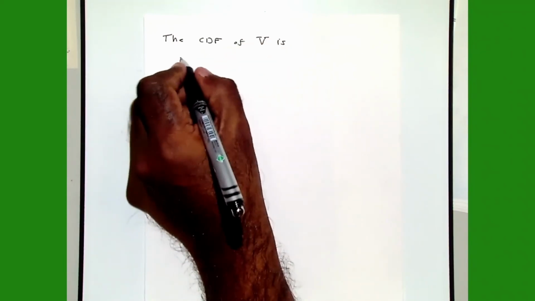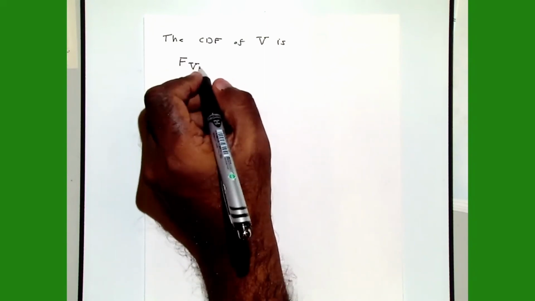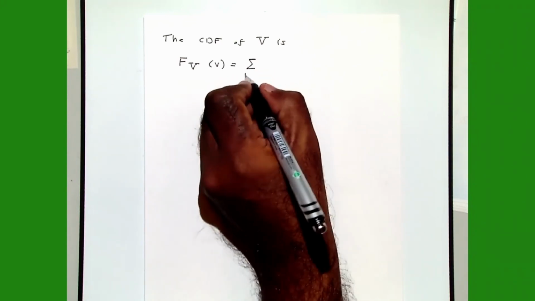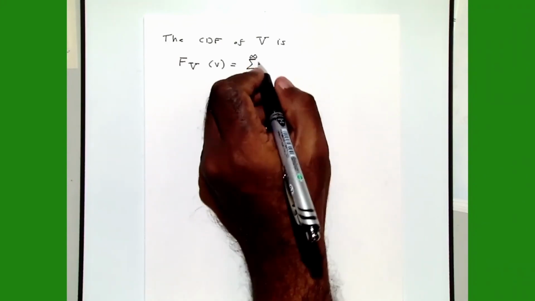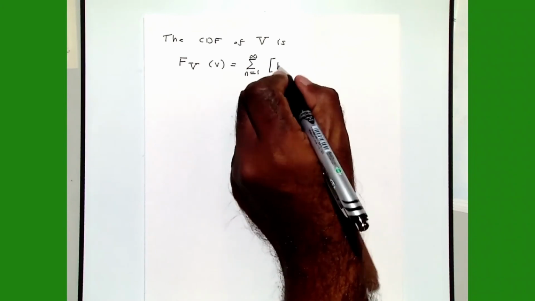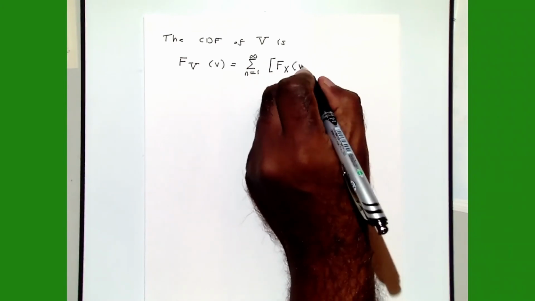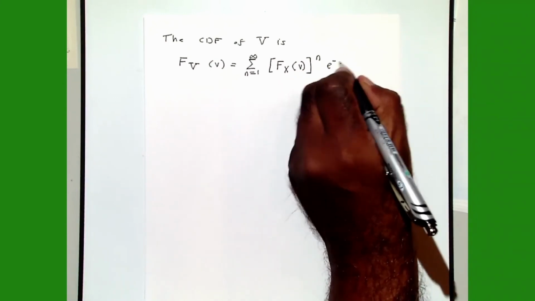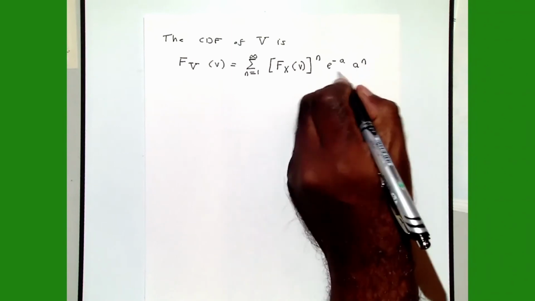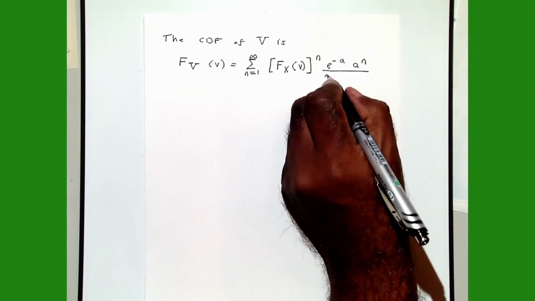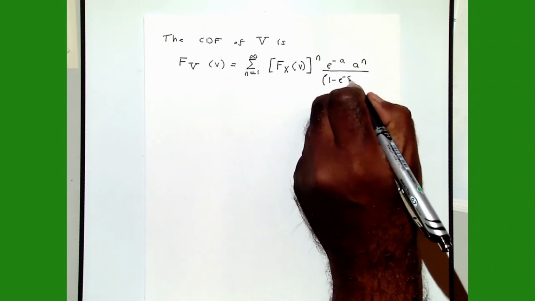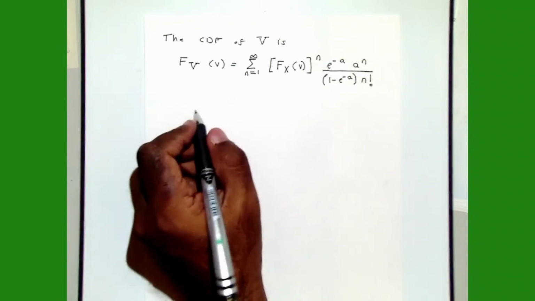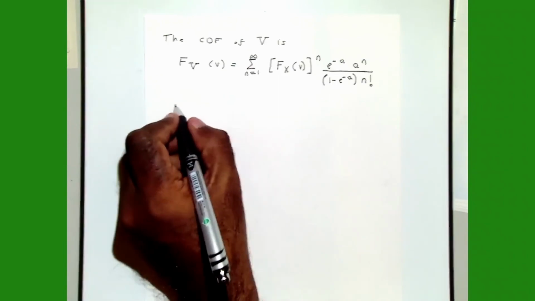Using the formula that I gave you, you can write this as the sum from 1 to infinity, times the probability mass function, which is this. This can be rewritten as follows.